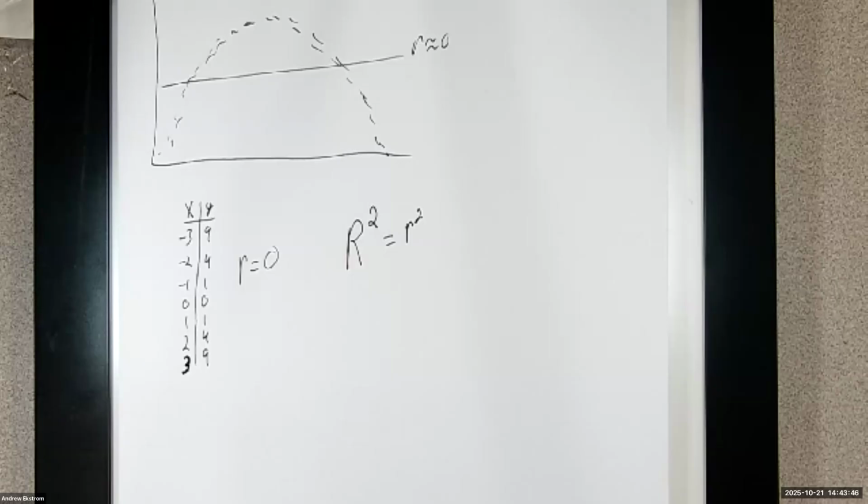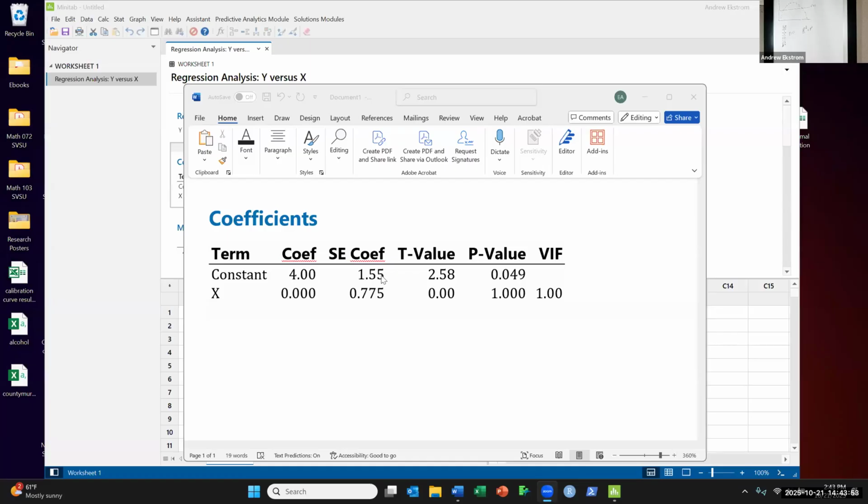and I should probably be sharing this. You can see the predicted model that we have here is that the constant term, so that b in y equals mx plus b, is predicted to be 4. We have a standard error for that coefficient. This is giving us a t-value for that coefficient and also a p-value.